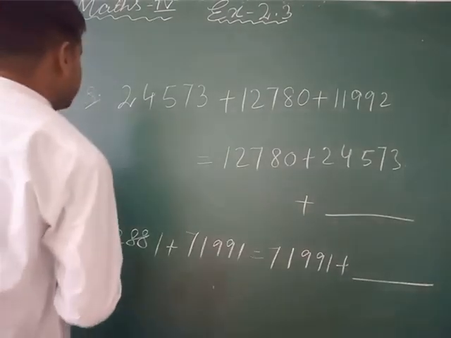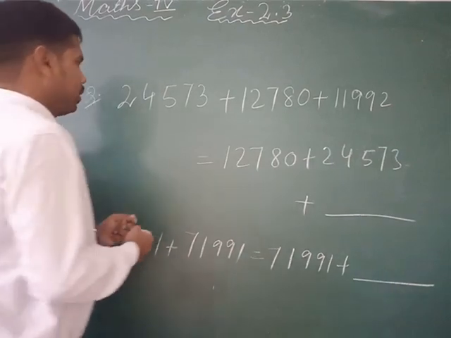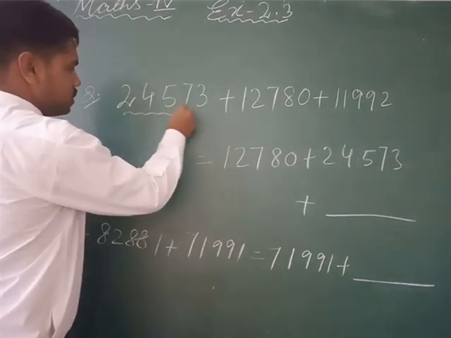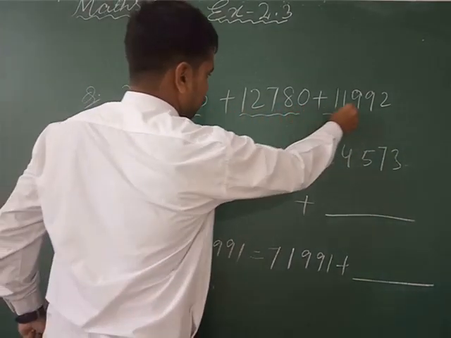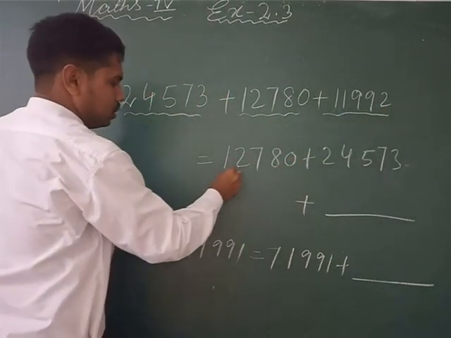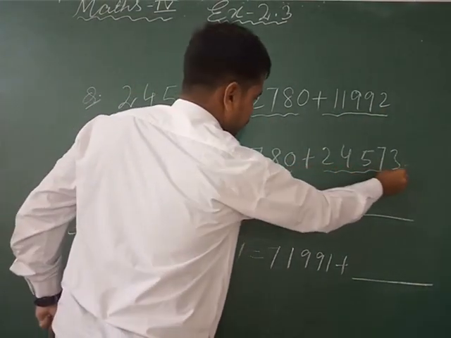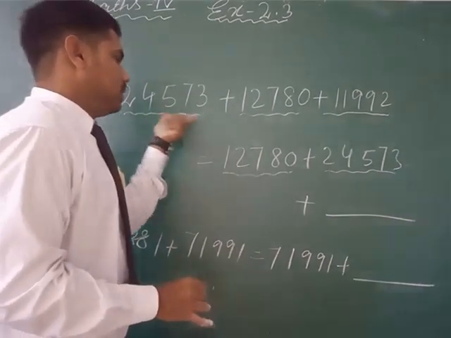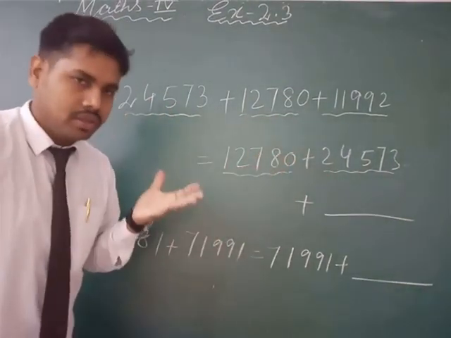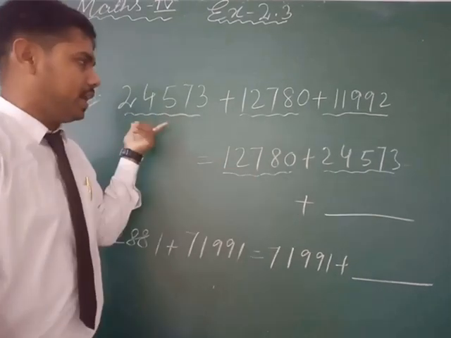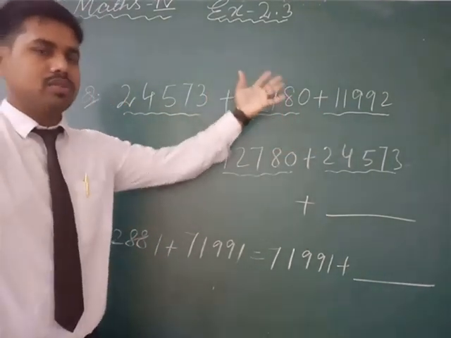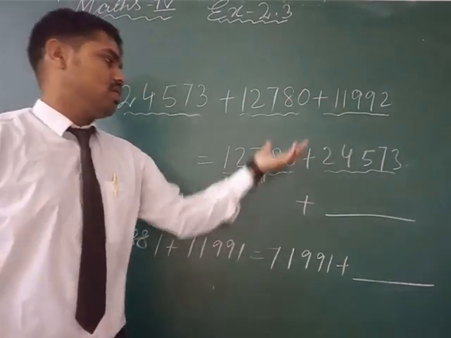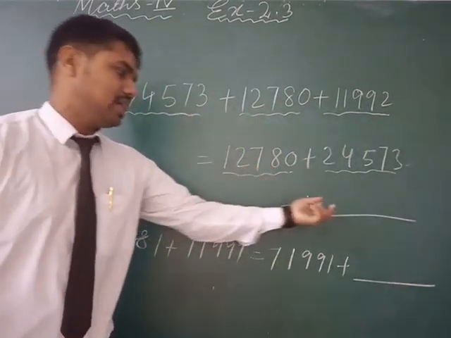Here are some questions related to exercise 2.3. It is asking this much plus this much plus this much is equal to this much plus this much plus how much. So here, if you see, there are some numbers which are the same. You need not check after adding; that is a long process where you can add all these, add these two, subtract, and then the result will come.